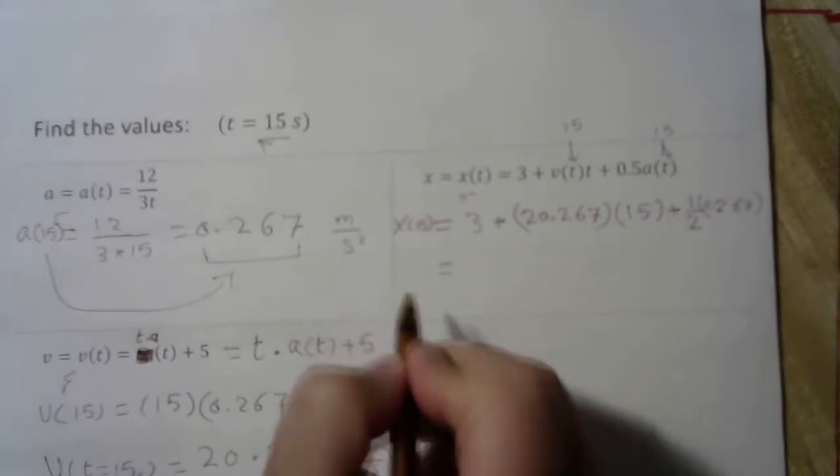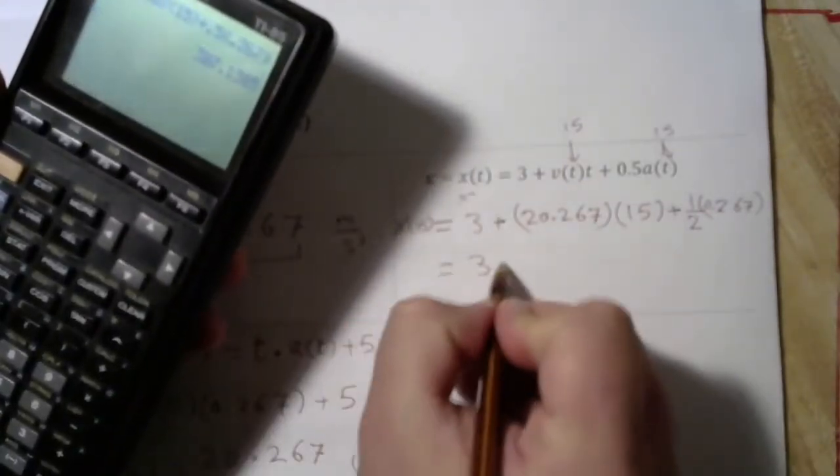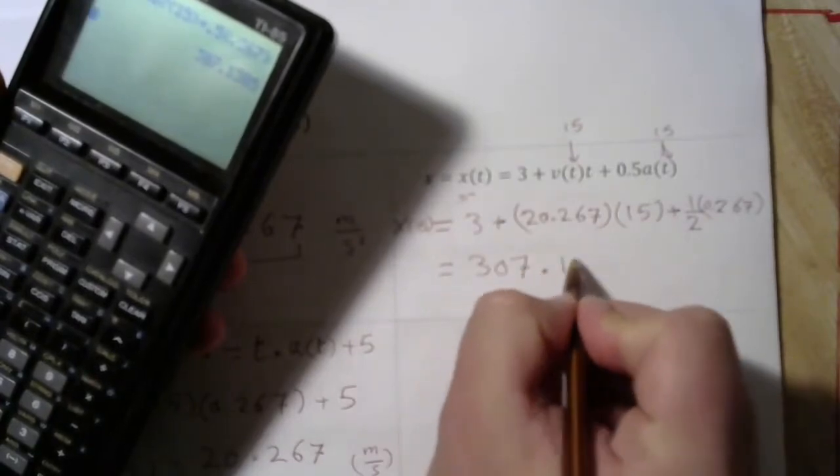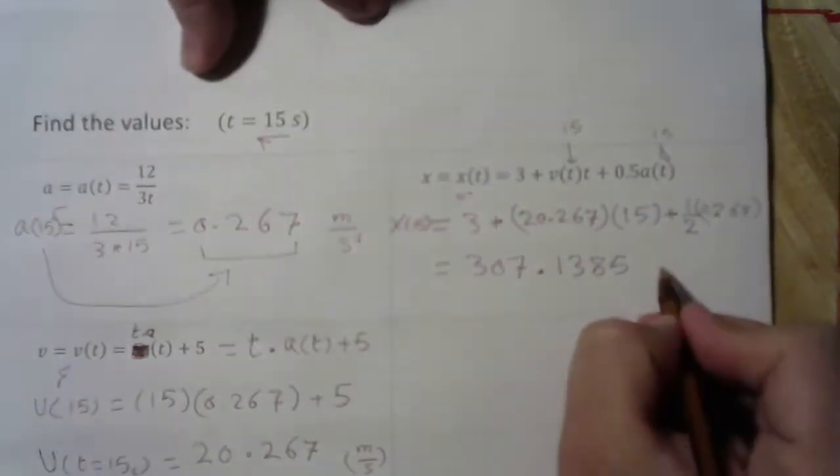I can find the position now. It will be 3 plus 20.267 times 15, plus half multiplied by 0.267 times 15 squared. Okay, I'll be sure, yes, 307.01385. What is the unit of x? It is meters.